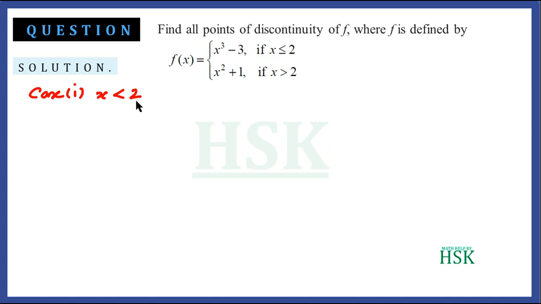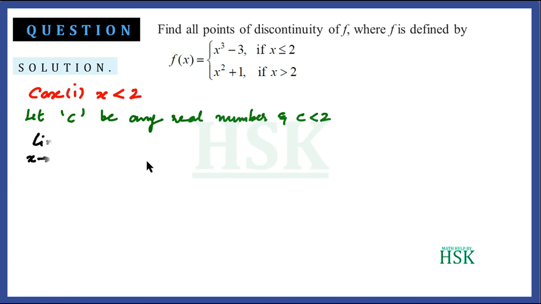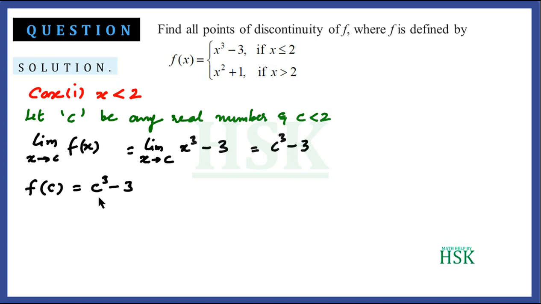when x is less than 2. So in this interval we assume that c is any number less than 2. Okay, so limit of x tends to c of this function f(x) would be equal to limit of x tends to c for x cube minus 3, and this would be equal to, on applying the limits, c cube minus 3, and f(c) would be equal to c cube minus 3.